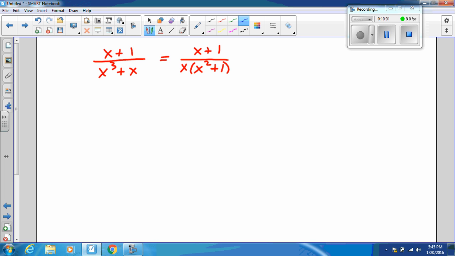And when I factor, what I find, which is very interesting, is that my second factor right here is an irreducible quadratic. Or you might call it a prime quadratic. And that irreducible quadratic, I'm not going to be able to factor unless I want to go into complex numbers, which I do not. And so I'm going to have to write the decomposition in this way. I'm going to write it as a over x for the first factor.